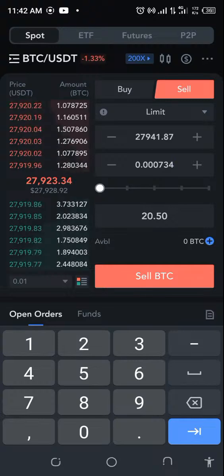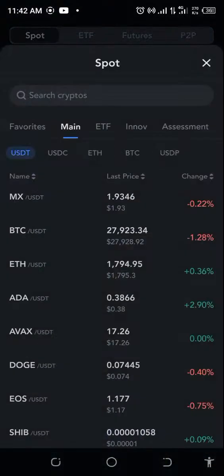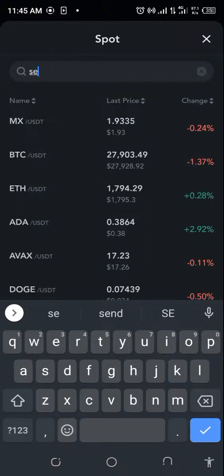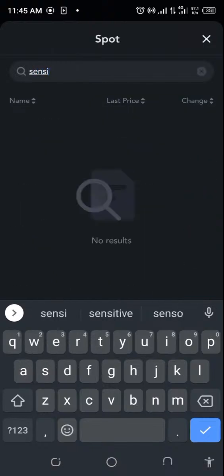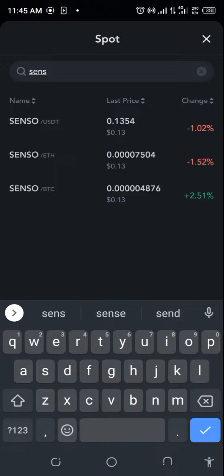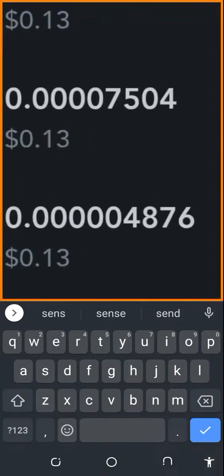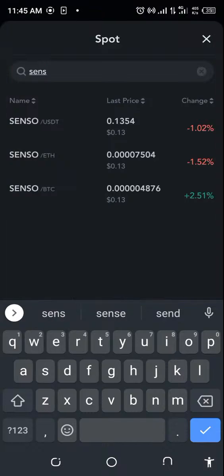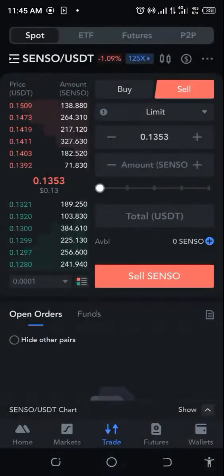Nah, let's try this out with ETH. Let's see whether this can still give us something else. So let's check on ETH. That should be Senso. Okay, Senso ETH. Everything still looks like the same price, but let me go back and try to sell to ETH.